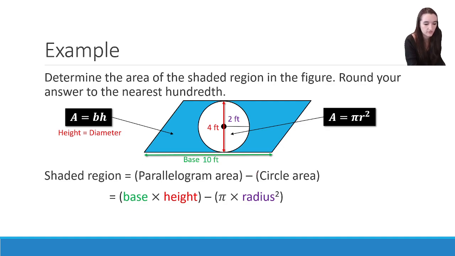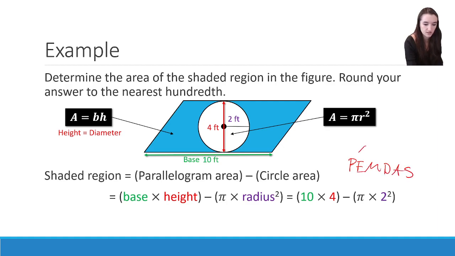So now we have all of our numbers we can fill in here. 10 times 4 minus pi times 2 squared. Now it does matter what order we do this in. We want to do 10 times 4 is 40, and then 2 squared is 4, before we multiply the 2 squared by the pi. Remember your order of operations. Remember PEMDAS, right?